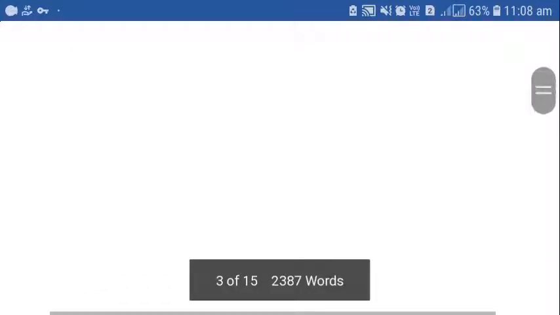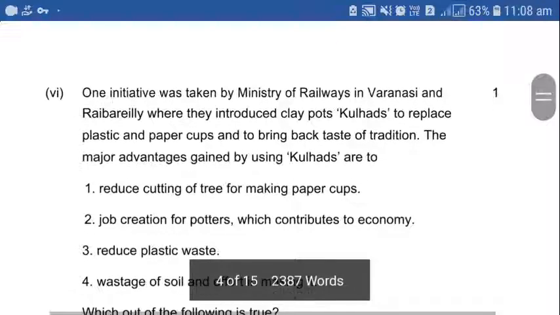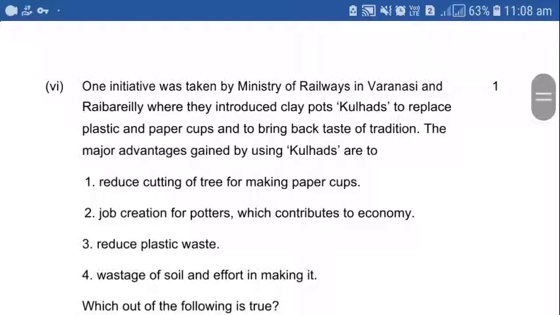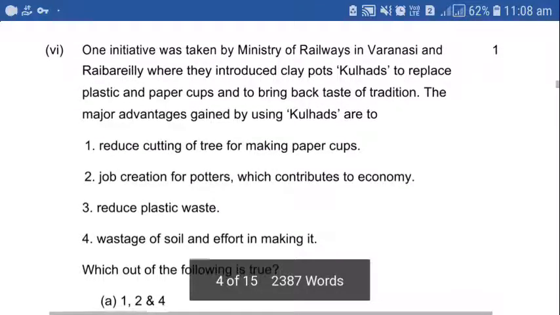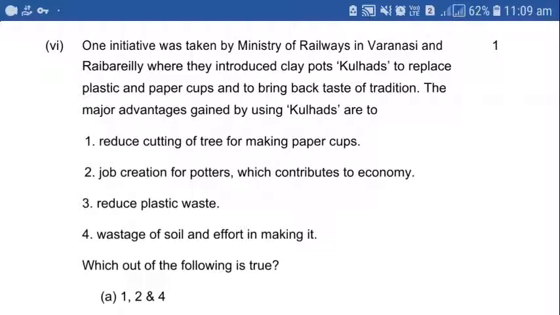Now the last question is: one initiative was taken by the Ministry of Railways in Varanasi and Raebareli, where they introduced clay pot kulhar to replace plastic and paper cups and to bring back the taste of tradition. The major advantages gained by using kulhar are two.